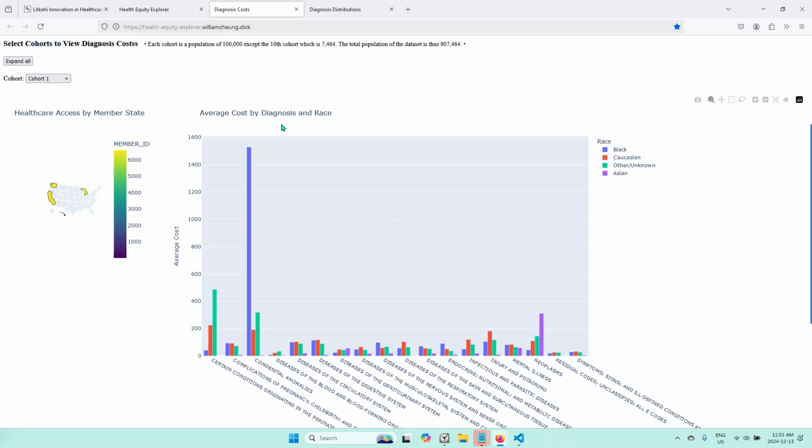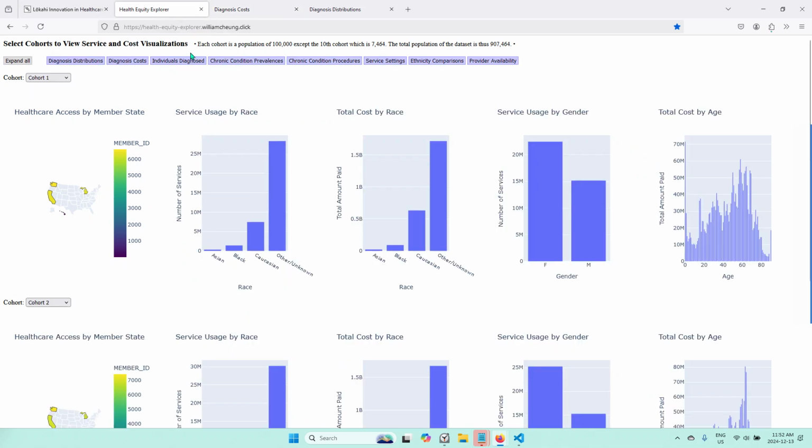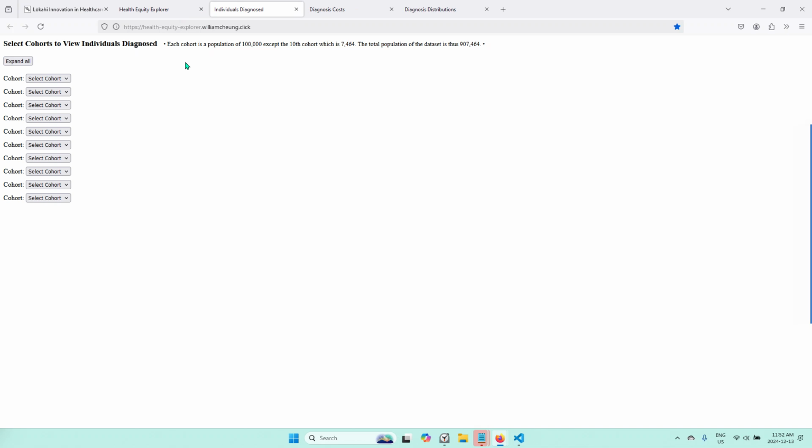So this is average cost for these diagnoses here by the different races in these states: California, Hawaii, Washington, etc. You can also look at individuals diagnosed. Let's expand all.